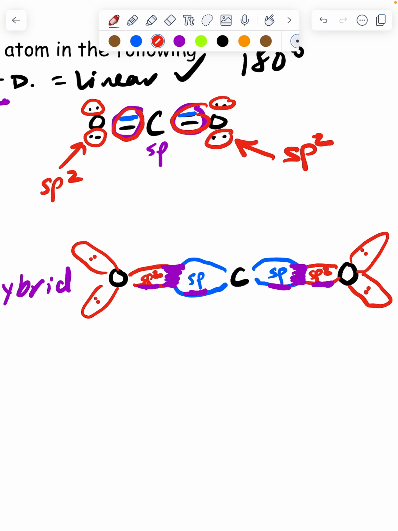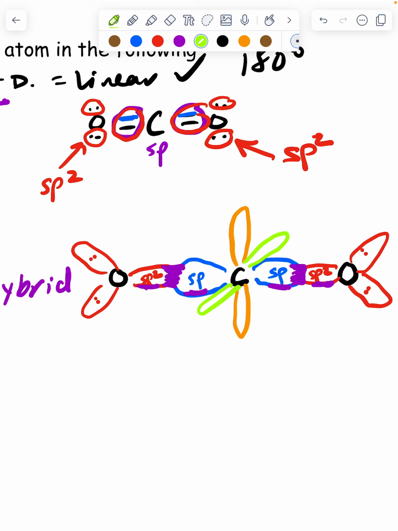Okay, well, what about the extra bonds? What about the pi bonds? Well, we already know that pi bonds happen between parallel p orbitals. Since this carbon in the middle is sp, it has 2 p orbitals left over. It has one that's straight up and down, and it has another that's sticking in and out of the carbon at 90 degrees.